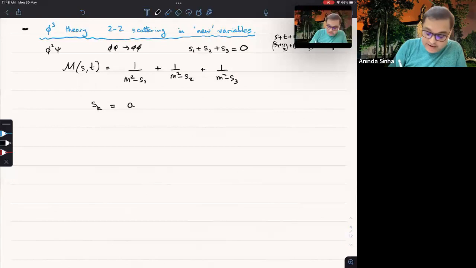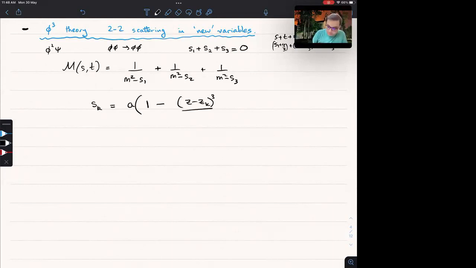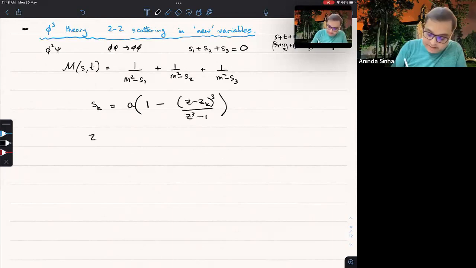S subscript k, the way that we're going to write it down is we're going to parameterize S subscript k like so. And these z_k's are the cube roots of unity. So z_k is exponential of 2 pi i (k minus 1) by 3.